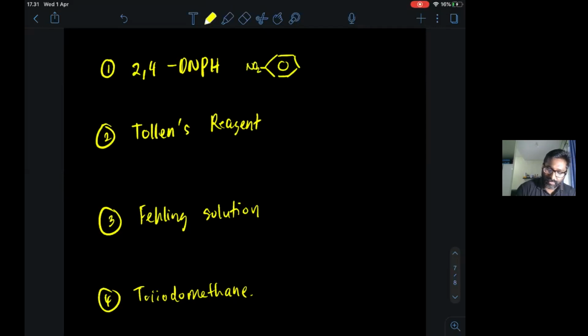You can go through this again and again, no problem. I understand if you don't get it the first time. This is the molecule.